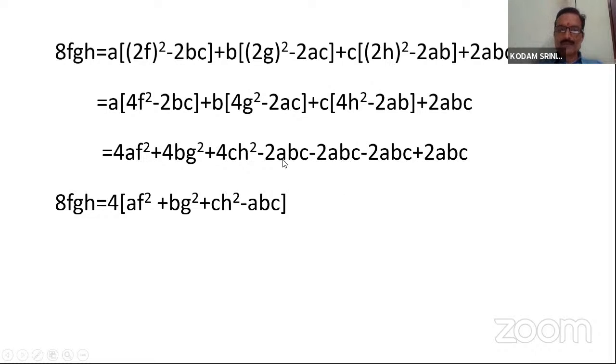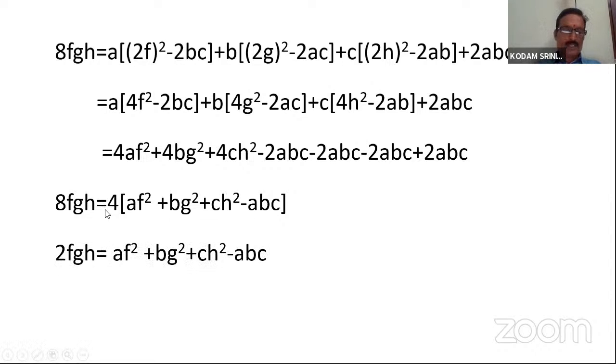From these two terms, we will have minus 2ABC, that is minus 4ABC. From all these terms, we can take 4 as common. That is 4 into AF square plus BG square plus CH square minus ABC. So here 8FGH equals 4 into AF square plus BG square plus CH square minus ABC.